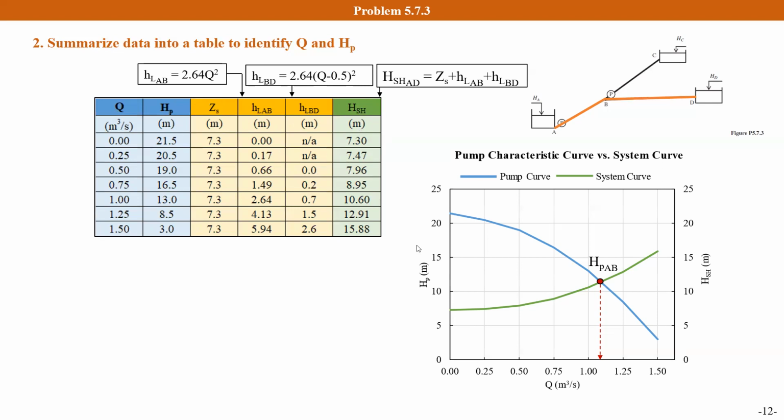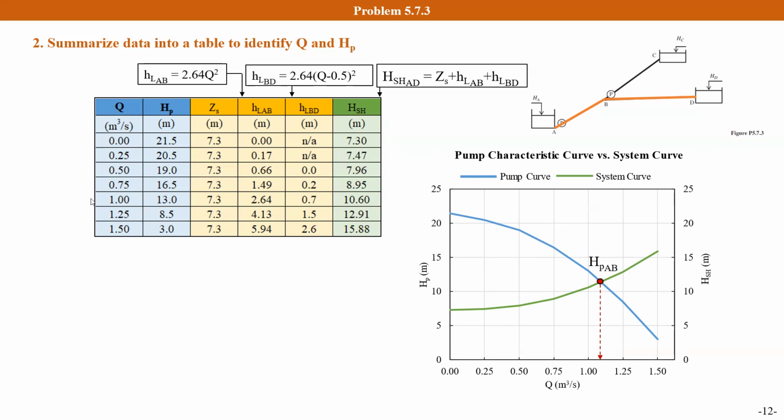From this table and also the plot, we could find that these two curves intersect at a Q between 1 and 1.25.